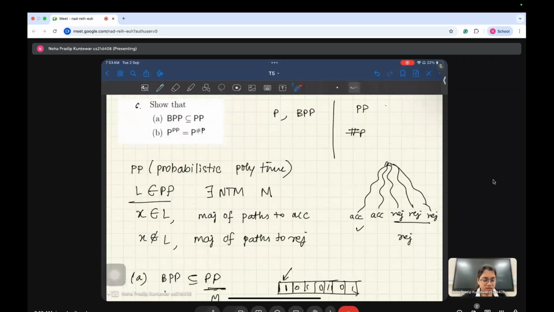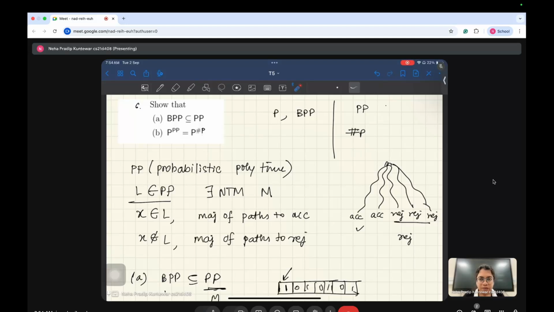So PP can be thought of as a majority P, because what it really does is find the majority. The fraction that we have here is half, whereas the fraction that we have there is 2/3.